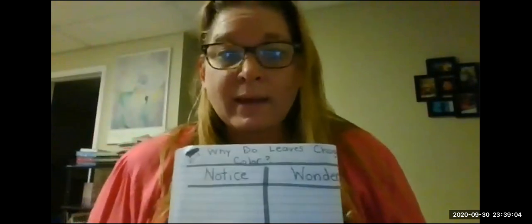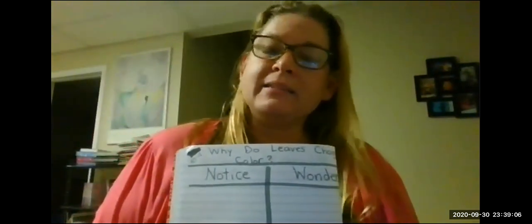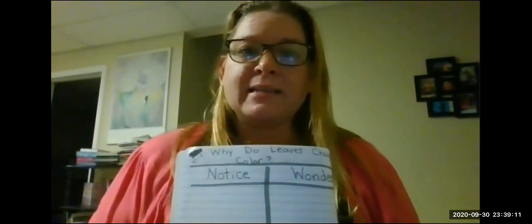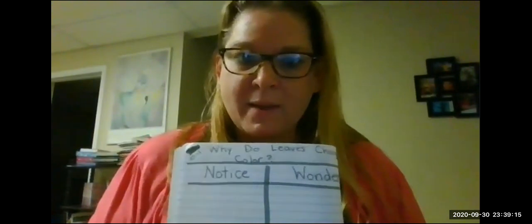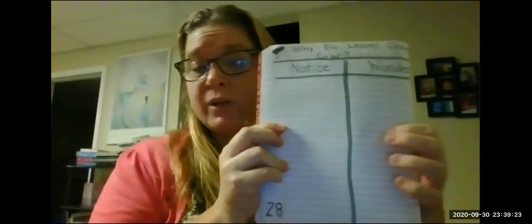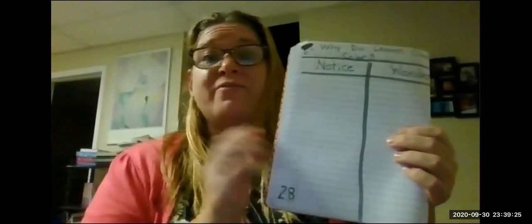And if you need to go back, rewind the video, go back and listen to the story again, that's fine. I've also uploaded a digital copy of the book for you on your classroom. I want you to come up with 2 notices and 1 wonder. And if you can come up with more than that, that would be fabulous.